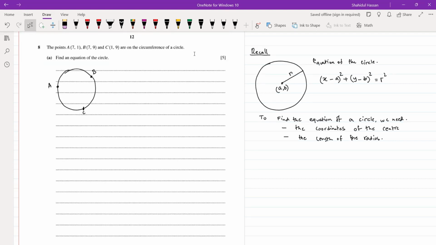All right, so let's look into the coordinates and see if that helps us. 7 1, 7 9, and 1 9. Okay, let's draw an axis and see if this helps.